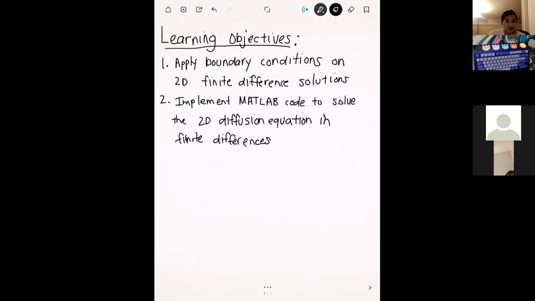Which one is it again? It's called Matlab starter code for 2D diffusion with finite differences. So if you go to week 5, it should be the last file on the page.